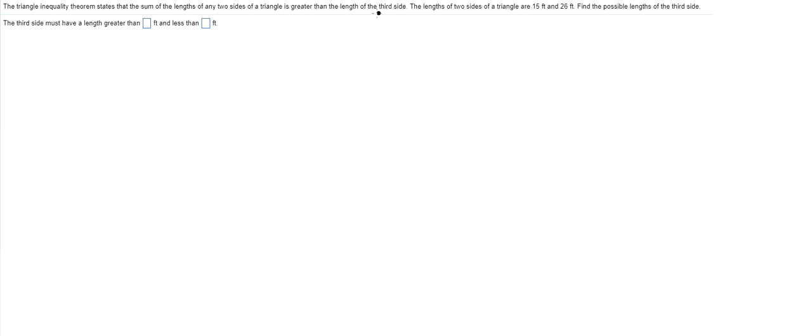The lengths of the two sides of a triangle are 15 and 26. Find the possible lengths of the third side. So once again, we have 15 and 26, and what can the third side be?